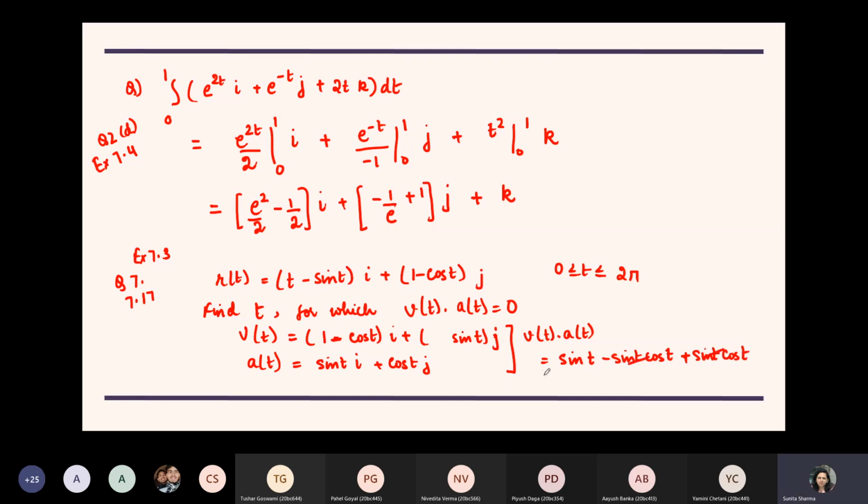So these terms will vanish, so you will be left with only sin t. And you want this to be 0 because you want velocity and acceleration to be orthogonal. So for what values of t in this interval do you get sin t as 0?